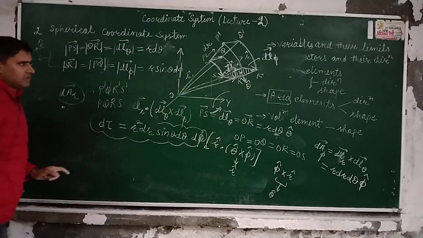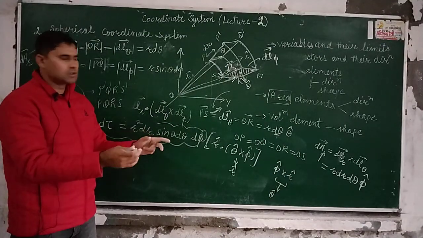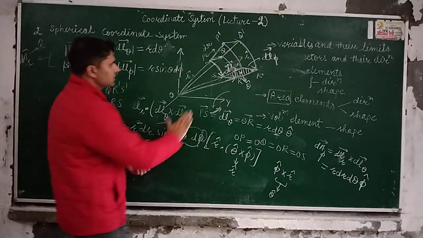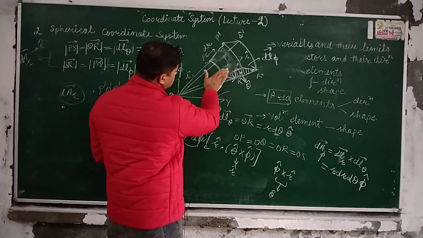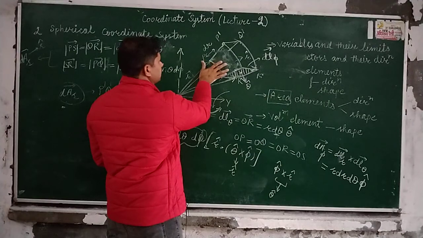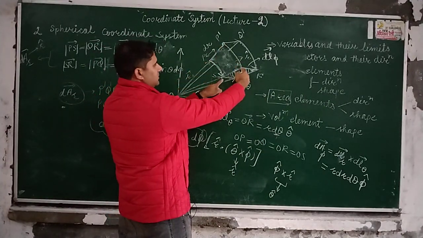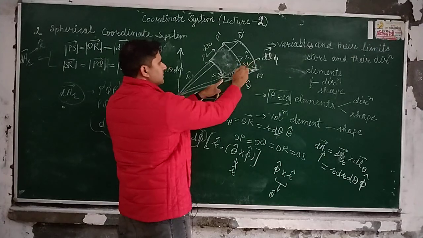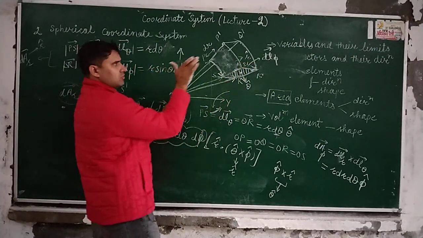In this way you can see the directions of various surface elements. Now if we talk of this surface, and the surface is P dash, and here you have S dash and S, its normal will be along phi cap.